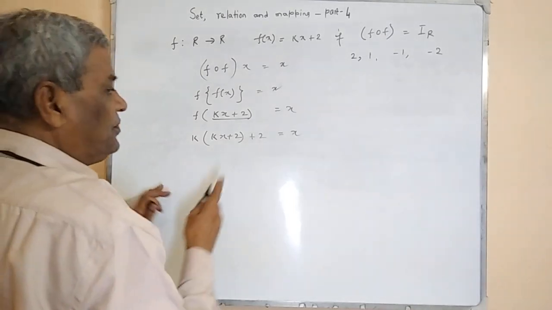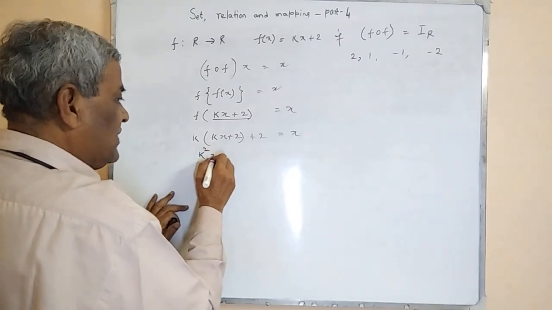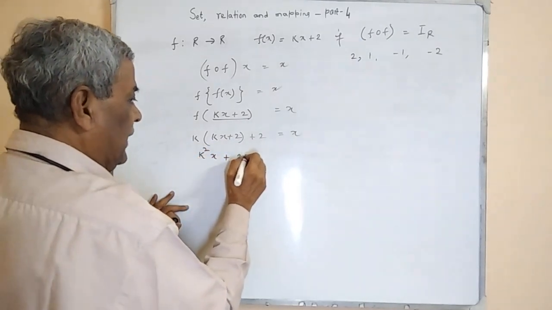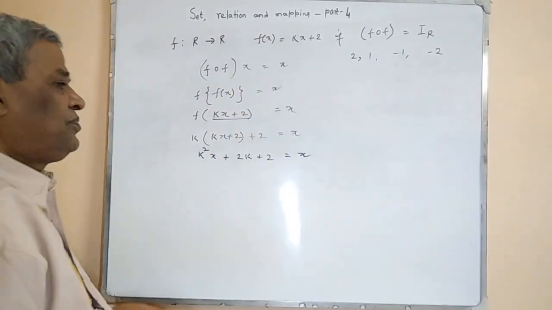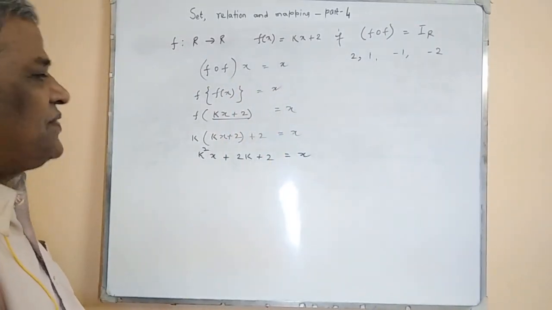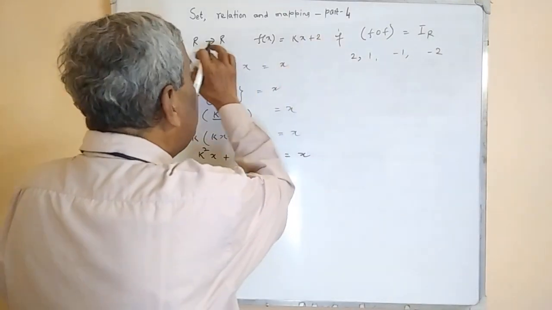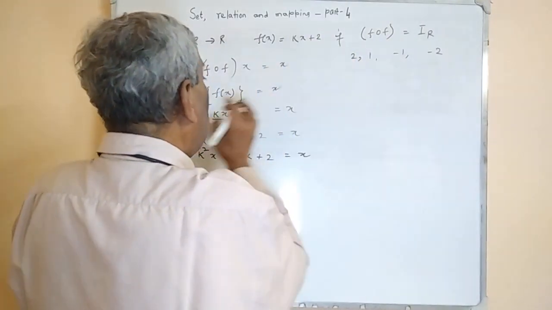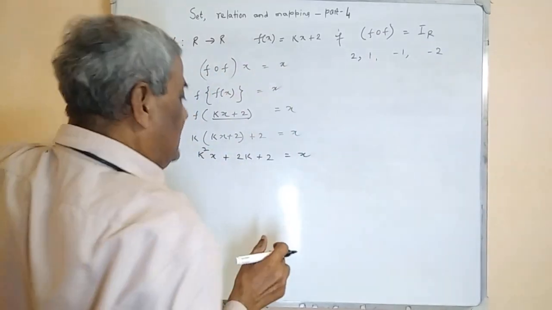That is, k squared x plus 2k plus 2 is equal to x. It must be satisfied identically because it is an identity, so this happens for any x.